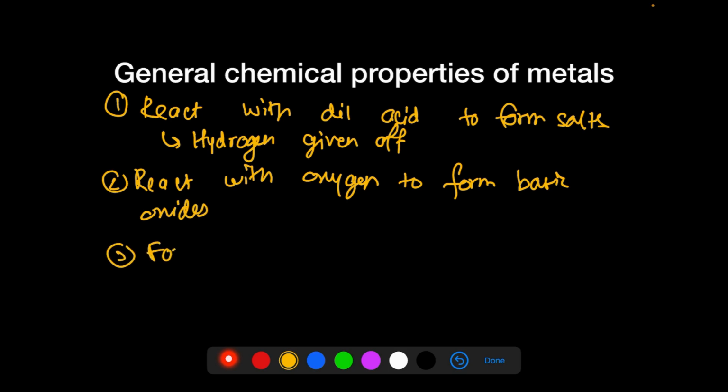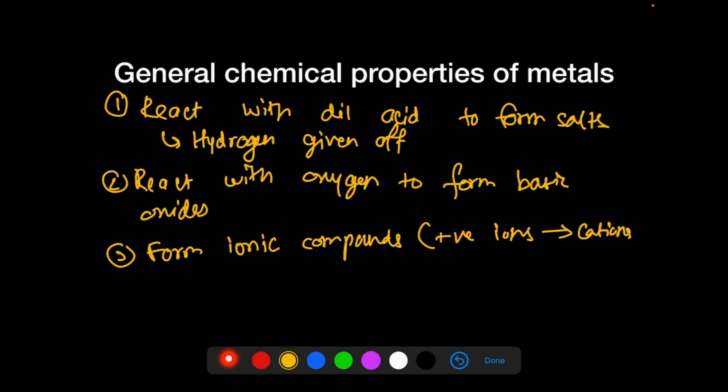They form ionic compounds. And the metals form positive ions known as cations. And reactive metals have a strong drive to give off electrons.